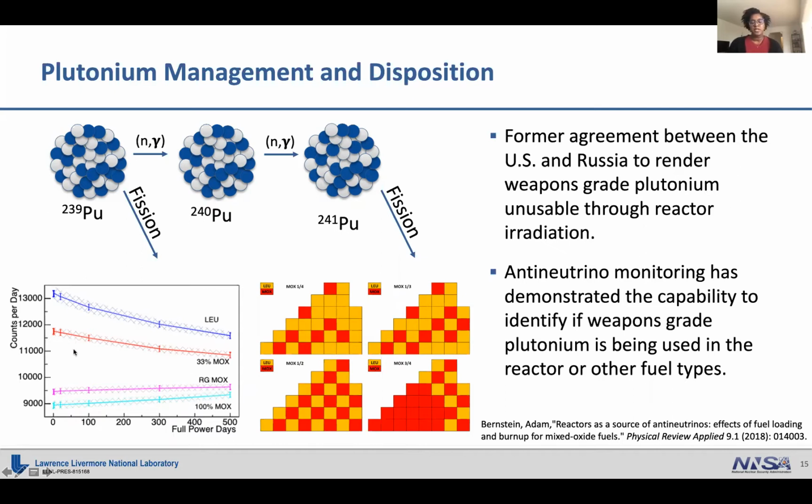And they demonstrated with antineutrino monitoring, you can actually determine what's going on in the nuclear reactor so that you understand if they're actually burning reactor grade, if they're actually burning weapons grade plutonium, or if the reactor core is being made of something else. And so that's just another example of how antineutrino monitoring has been proposed as something that could be useful for nuclear nonproliferation and nuclear safeguards.